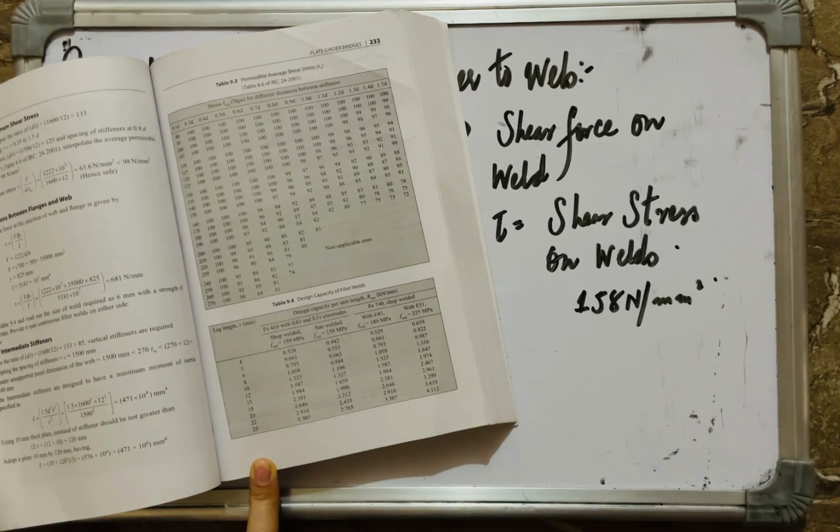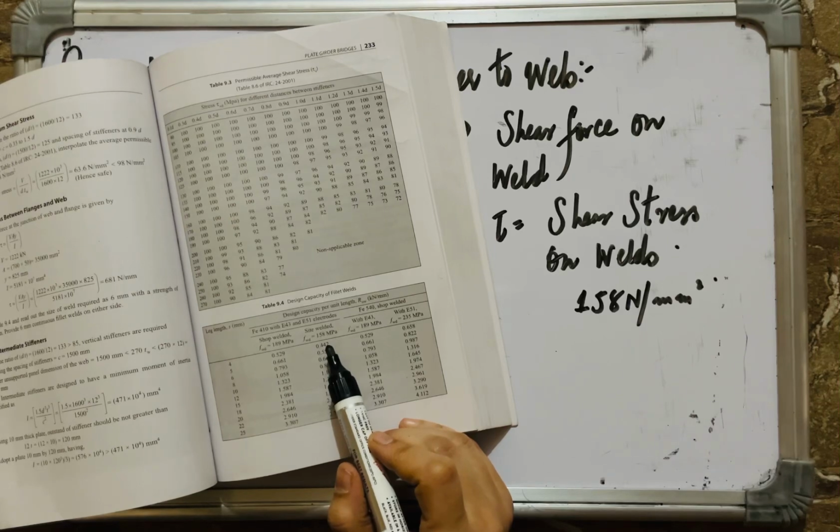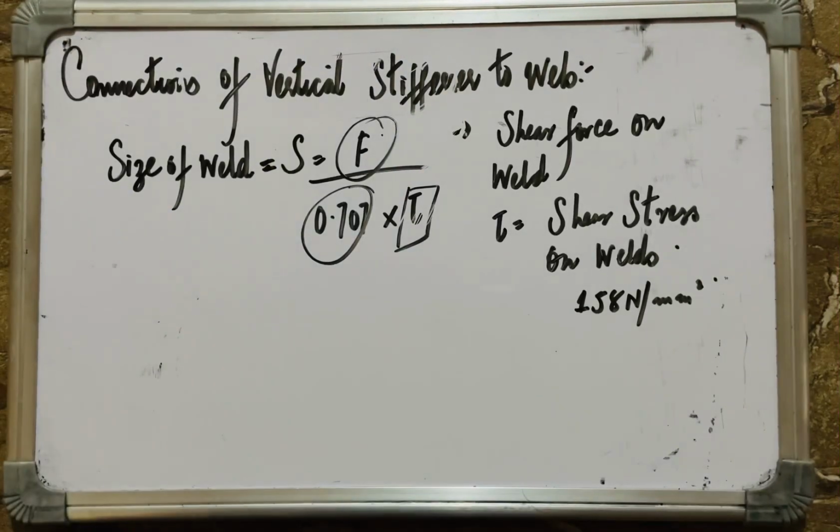The shear stress on the welds in case of the side welded fillet weld is 158 Newton per mm square. And we'll be using the same thing to calculate the size of our weld.